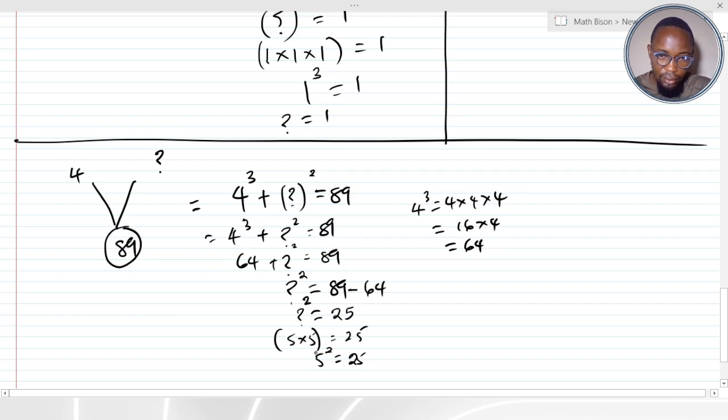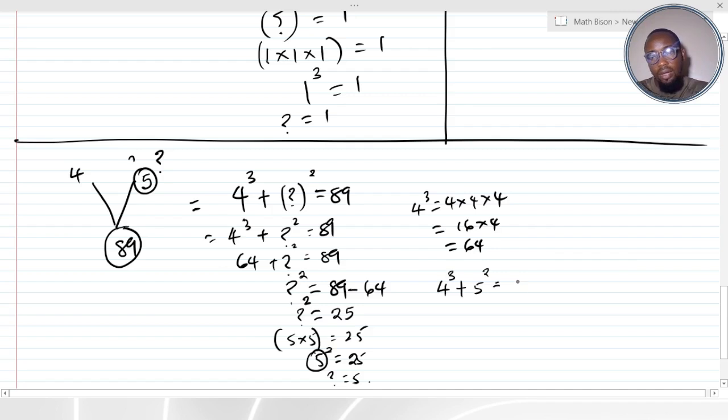That number you're looking for is actually 5. So here is going to be 5. If you test it, 4 cubed plus 5 squared, we have 64 plus 25, 89. 89 equals 89. Left hand side equals right hand side.